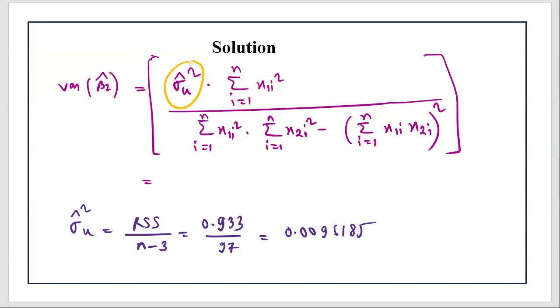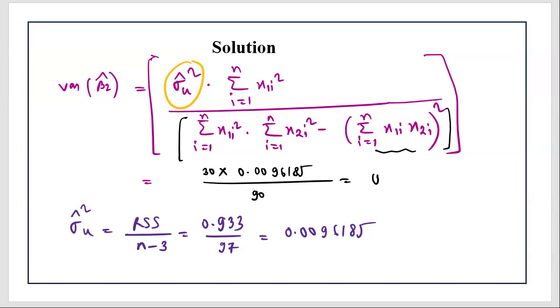If you now substitute the values here, you get 30 into 0.0096185. In the denominator, you have exactly the same thing that we got before. We got it to be 90. This thing is 0, this is 30, and this is 0. So this is 90. Approximately this value will come out to be 0.003206.